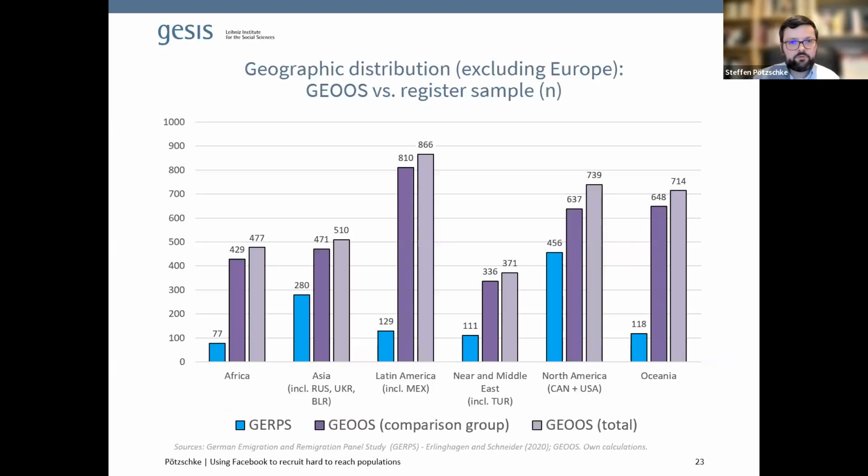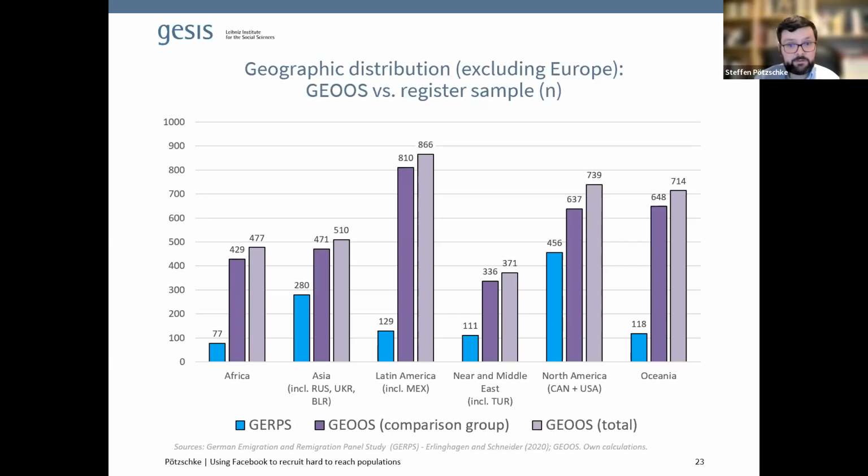And then, very quickly, also very positive results can be seen here if we look at the geographic distribution, and this refers to the aforementioned bias. GERBS is the other study that used this register-based sampling approach.